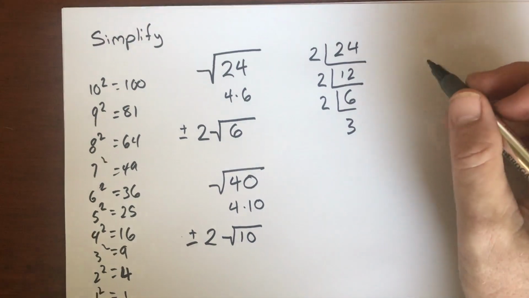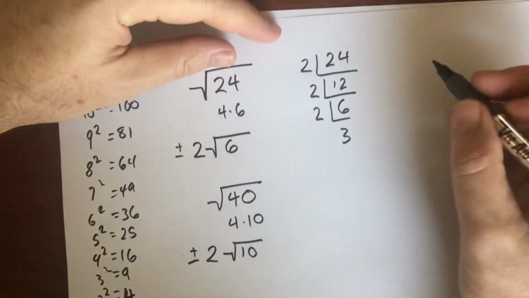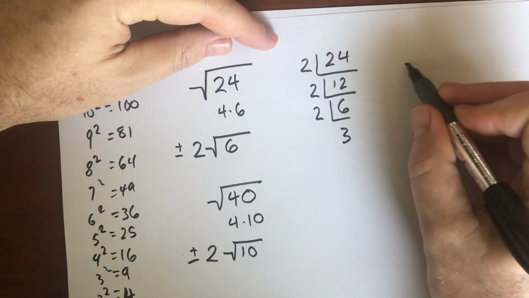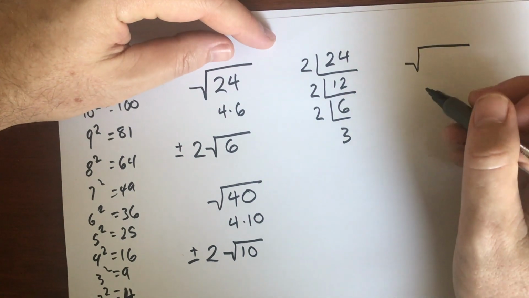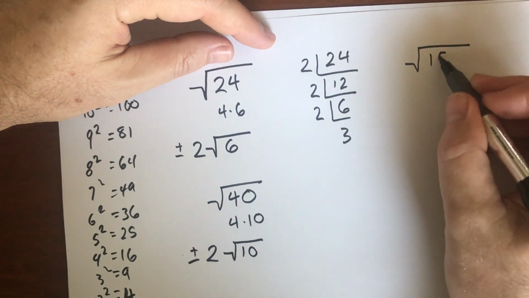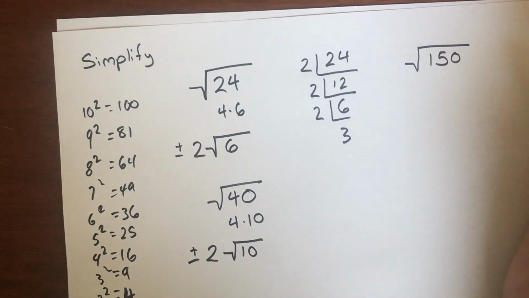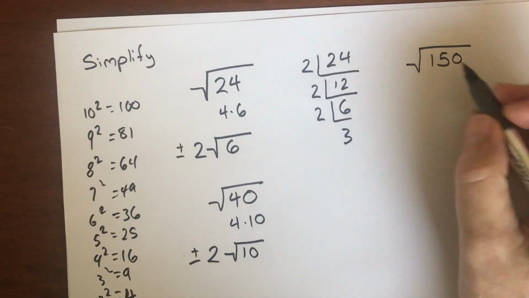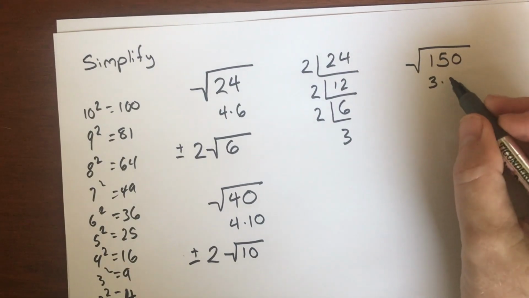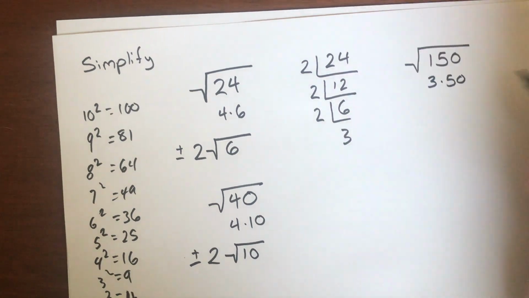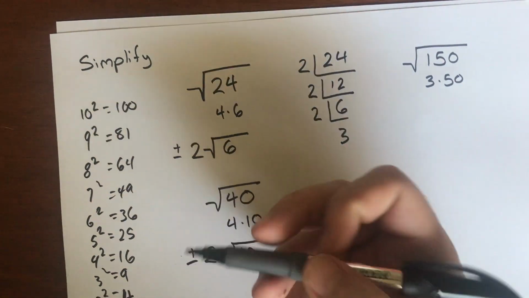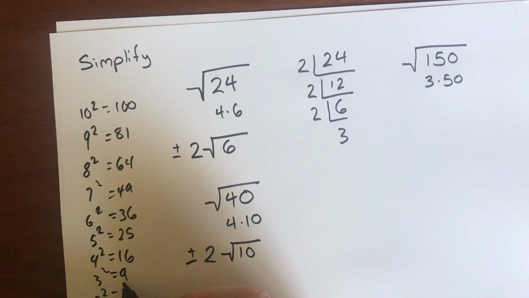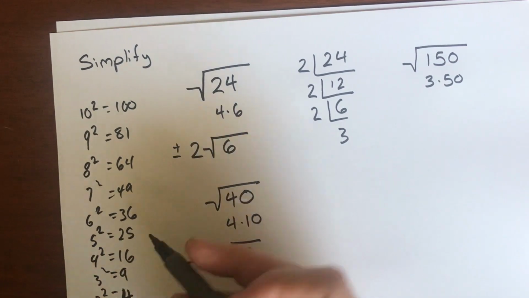Let's do another one. Let's do the square root of 150. Okay? Now, 150, maybe you say, well, that's 3 times 50. Is there a 4 in there? No. A 9? Definitely not. A 16? I don't see a 16 in there, but I know there's a 25.